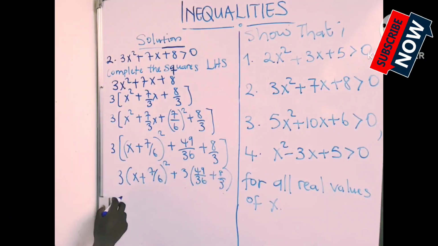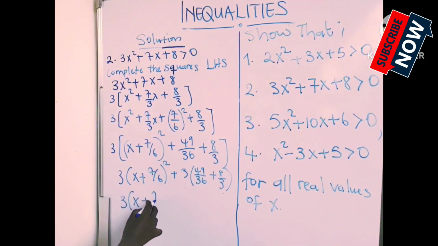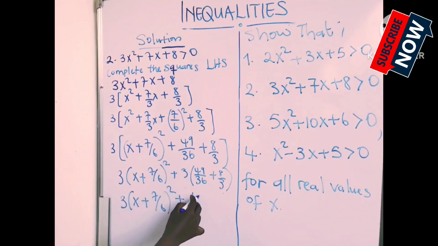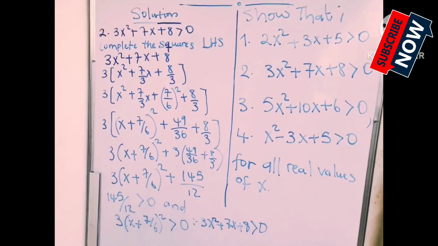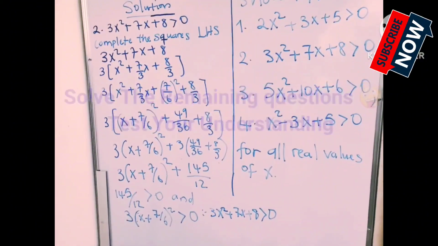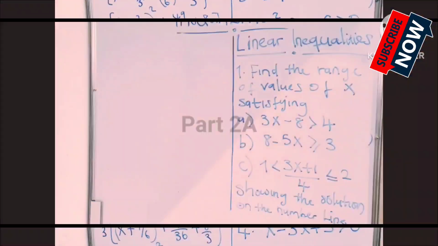After completing the squares, we'll have 3 into x plus 7 on 6 all squared plus 145 on 12. 3 into x plus 7 on 6 all squared is greater than or equal to 0, and 145 on 12 is still greater than 0. Therefore, the expression is greater than 0.